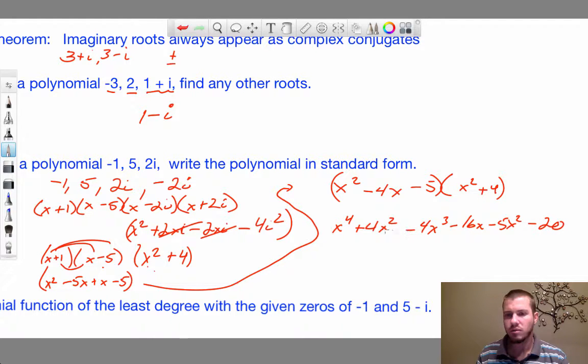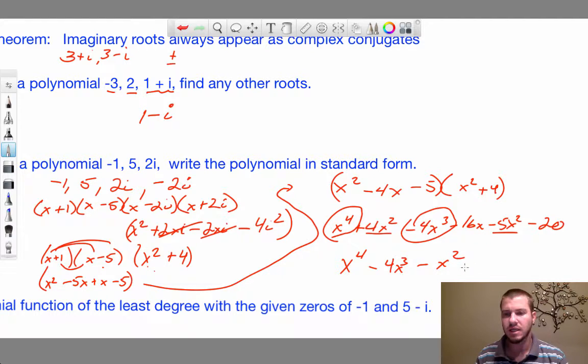Combine your like terms, which the only like terms I have are the positive 4x squared and negative 5x squared, so I'm left with x to the 4th minus 4x to the 3rd. Always write it in standard form. I got this one, then this one, then the x squared becomes negative x squared, minus 16x, minus 20.